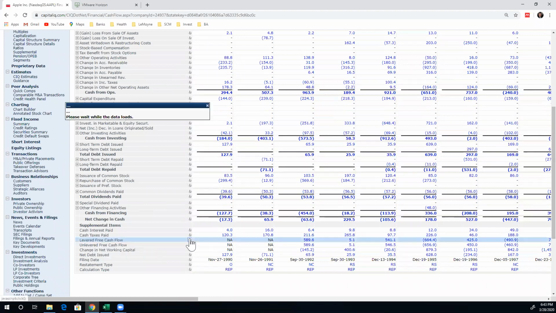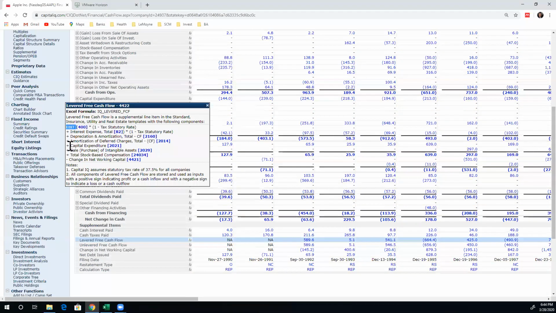When you click on that, it shows you how it calculates. It's based on EBIT. It considers the tax shield effect based on the tax statutory rate, which I cannot pronounce, and then interest expenses also have a tax shield effect that should be added back, and depreciation is not a cash flow that should be added back.